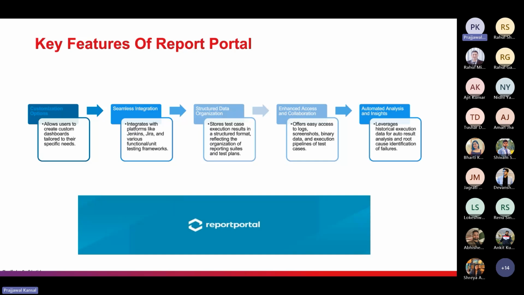This feature enhances collaboration among team members by ensuring everyone can find the information they need. For example, after a test fails, the QA team can quickly access the logs and screenshots related to the test directly in the Report Portal. This way the developer can see exactly what went wrong. This part is covered in enhanced access and collaboration, right?